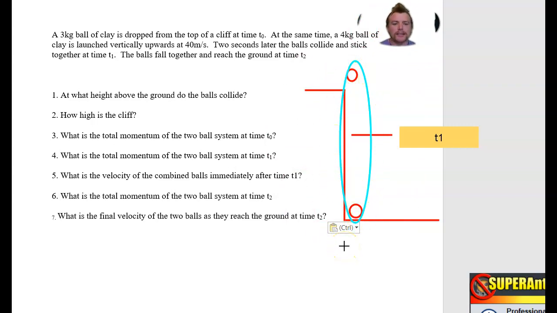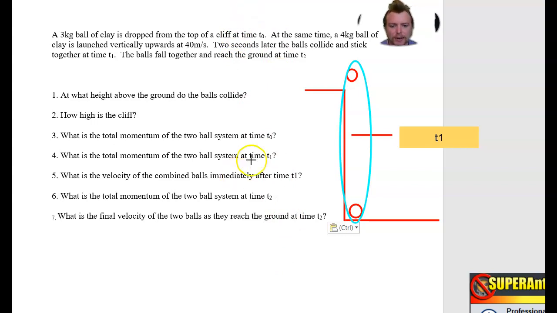So in this case, for these balls, there is an outside force and it's acting on both of them. And so I can use impulse and momentum on this entire system just like I would for the individual objects.